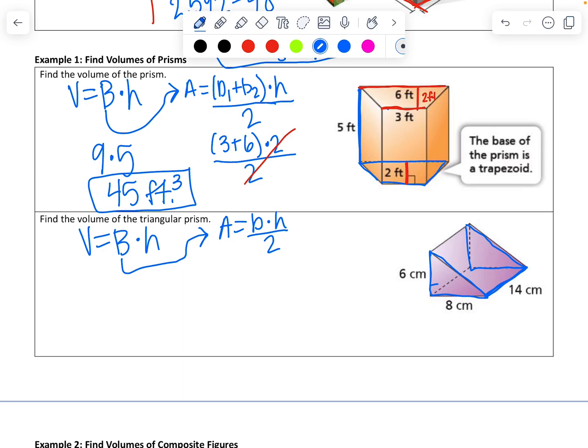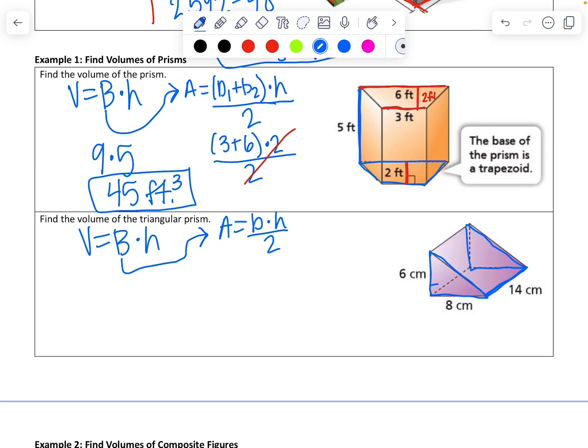So my base of my triangle is 8. My height of my triangle is 6. And then I divide by 2. So 8 times 6 is 48. And then we divide by 2. We would get 24.